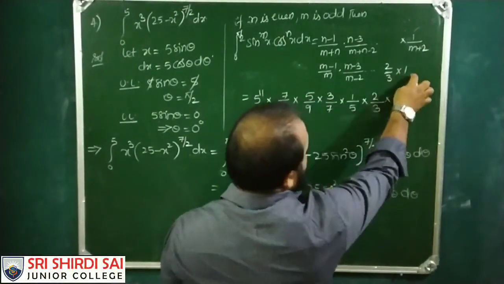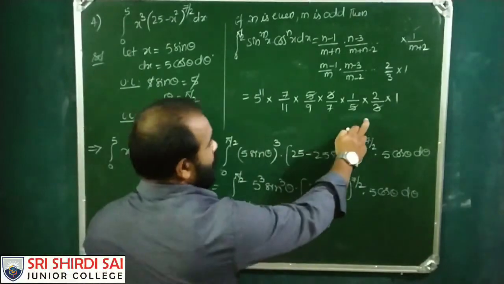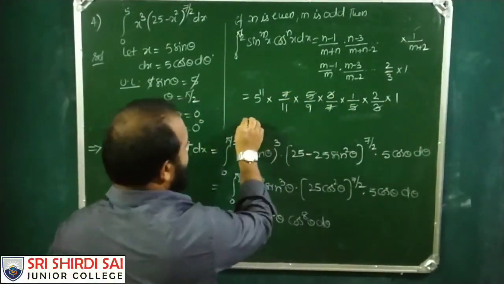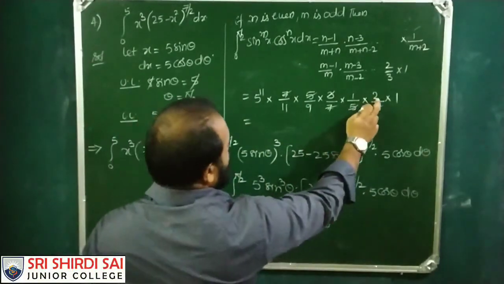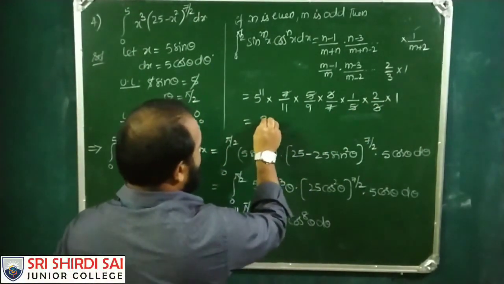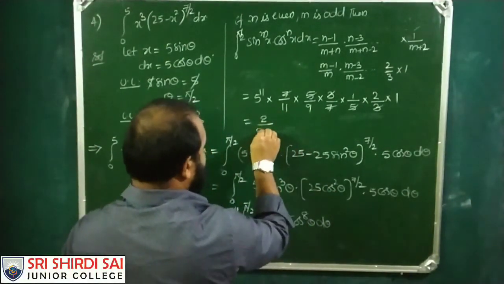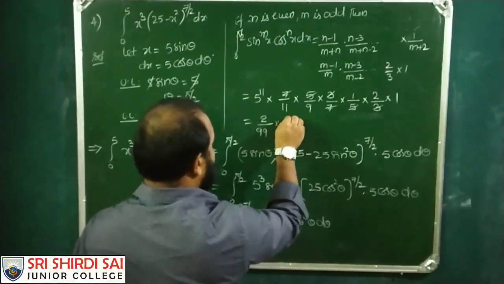If 2 by 3 we get into 1, final answer. So 3 3 gets cancelled, 5 5 gets cancelled, 7 7 gets cancelled. So this is 2 by 11 into 9, 99 into 5 power 11.